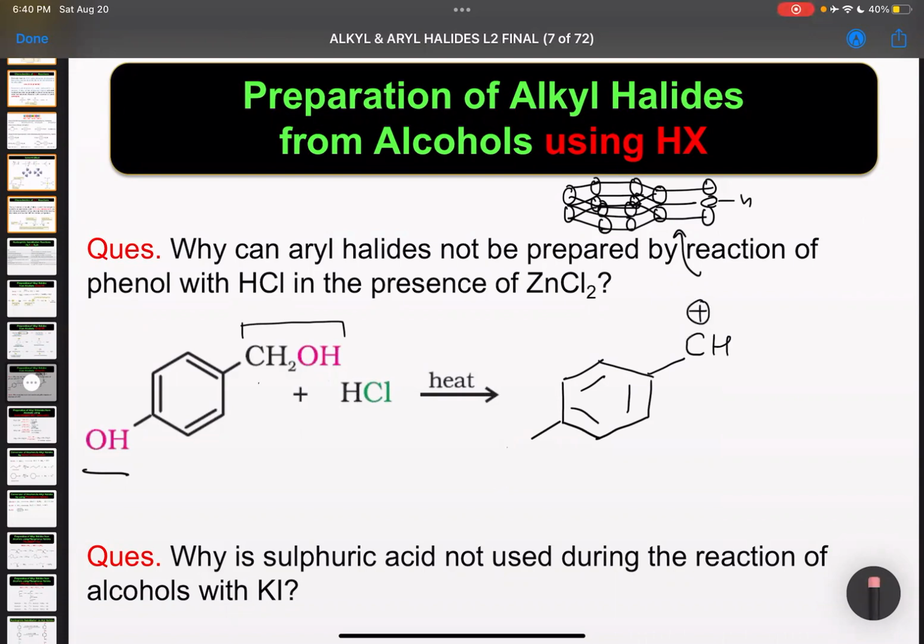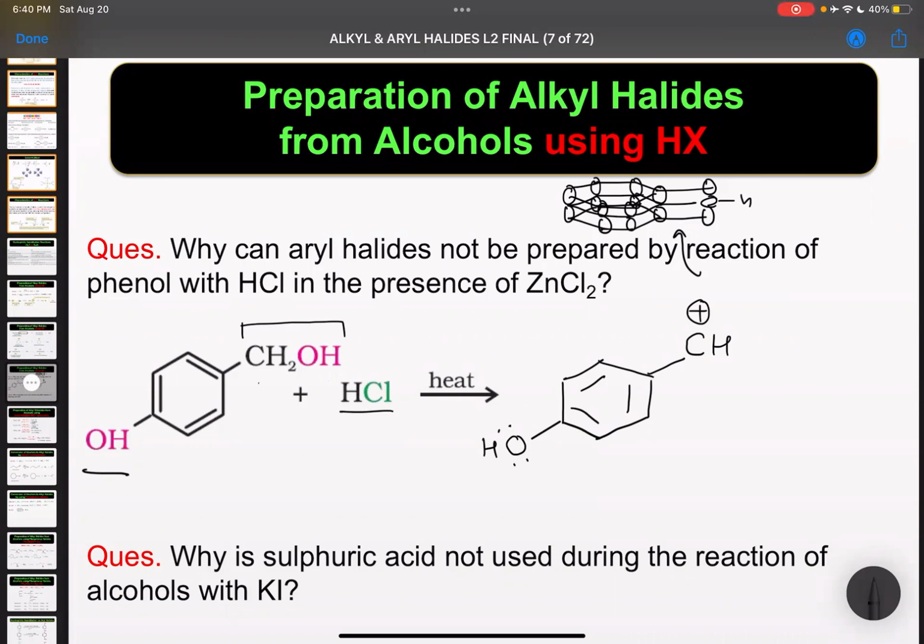On the other hand, the OH on the left hand side can't come out. It's too reluctant to leave. It will not leave, even if you take 10 moles of HCl or 6 moles or 20 moles of HCl or excess HCl. Because first of all, it has a partial positive charge, because its lone pair is in the ring.